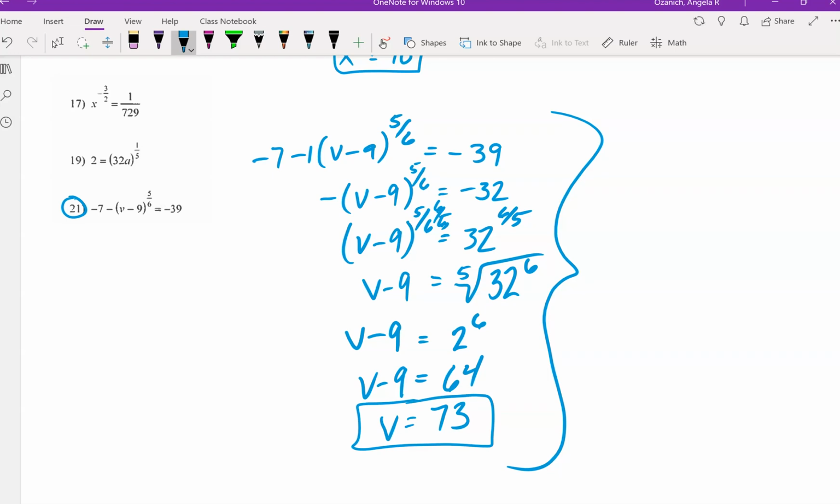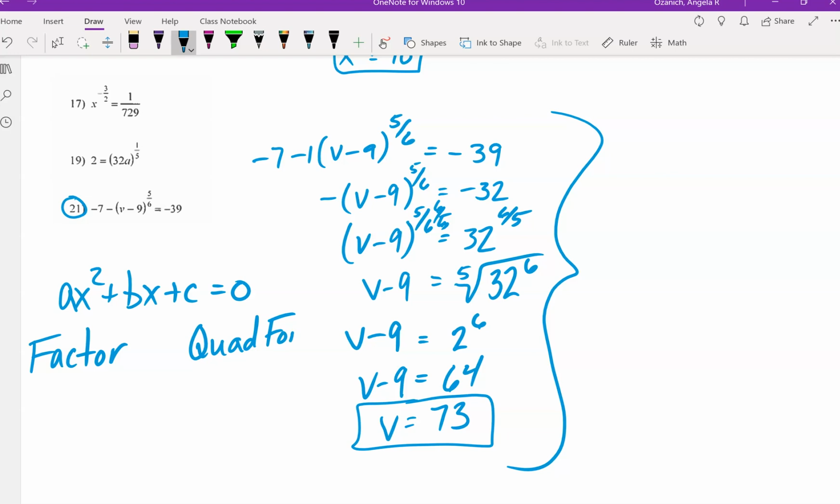There also are going to be a lot of problems when you are working through solving that require you to use the quadratic formula on ax squared plus bx plus c equals 0. Please don't forget that I'd like you to first try to factor if this is involved in your solving, and then use the quadratic formula if the factoring doesn't come to light for you very quickly.